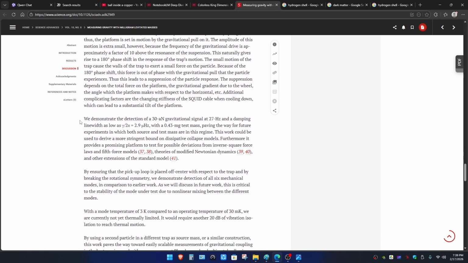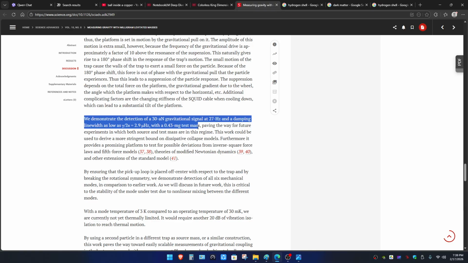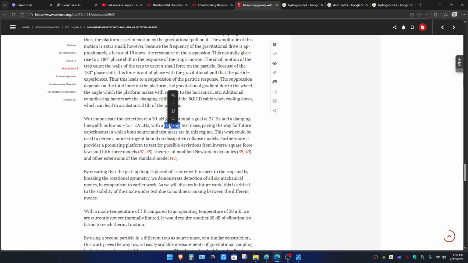Here it is. We demonstrated the detection of 30 attonewton gravitational signal at 27 hertz damping line width as low as, I cannot read this, with a 0.43 milligram mass test. So what they did, they used a 0.43 milligram mass to detect a force of 30 attonewton.